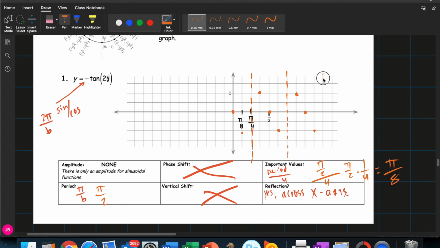And then asymptote again, and then 0 or 1 again. So we're going to have graphs that look like this. And it doesn't matter whether it's on the negative or the positive side. The values will continue repeating and repeating.